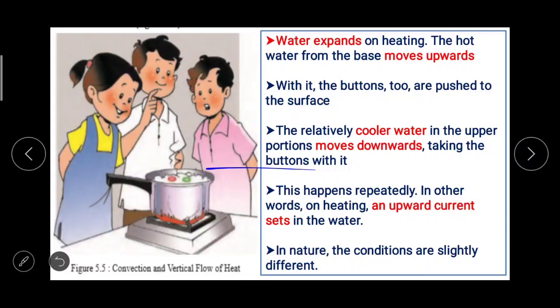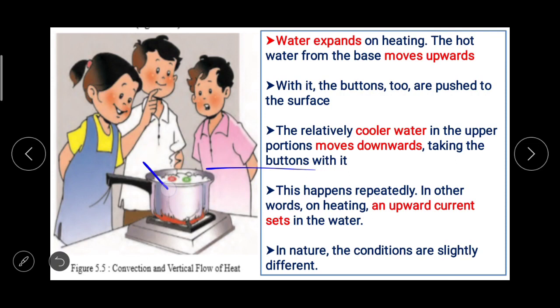So, here in our textbook, figure 5.5 is given to understand the convection and vertical flow of heat. For this, what we have to do, a pot with water is placed on a burner.